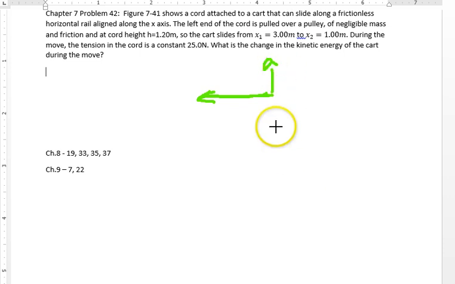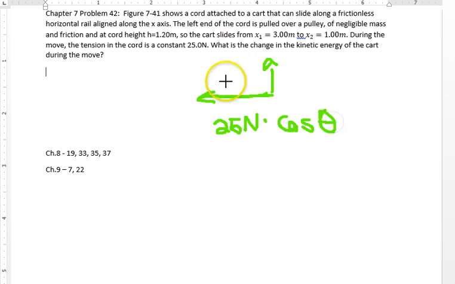That doesn't move the box. Because it doesn't move the box, it does no work. But the component on this side is basically 25 newtons times the cosine of the angle that the cord makes. The cord goes off this way at some angle theta.